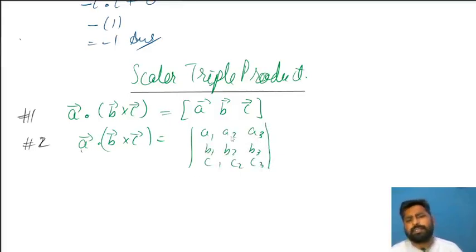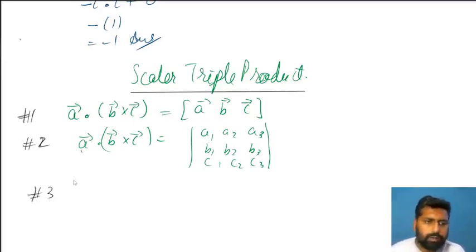Now you can see why this is lengthy to calculate, because you have to open a determinant properly with values. So we write the components of A first, then B, and then C.